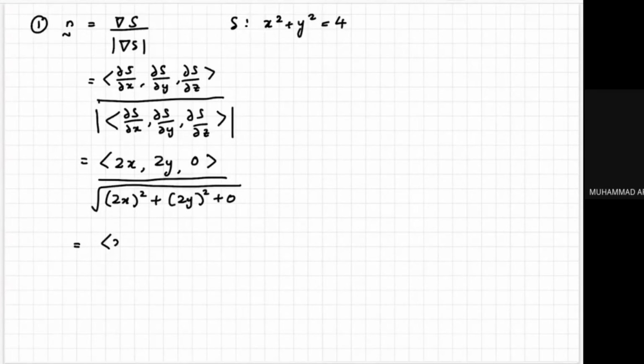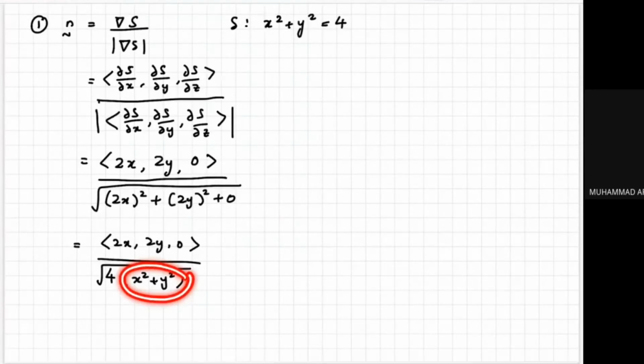Simplify this: 2x, 2y, 0 over the square root of 4 times (x squared plus y squared). This x squared plus y squared is equal to 4, so the square root of 16 is equal to 4.